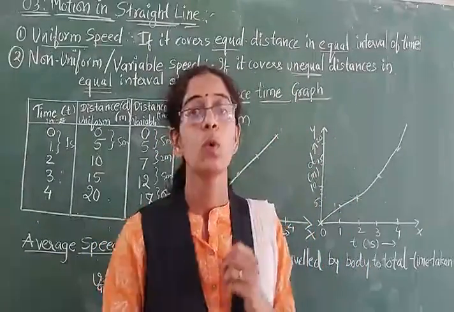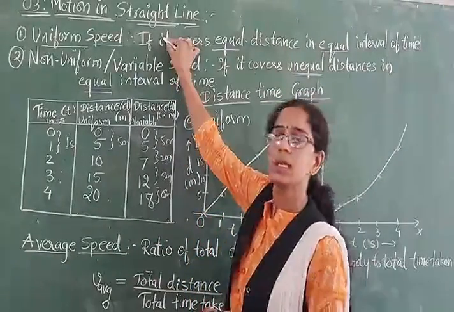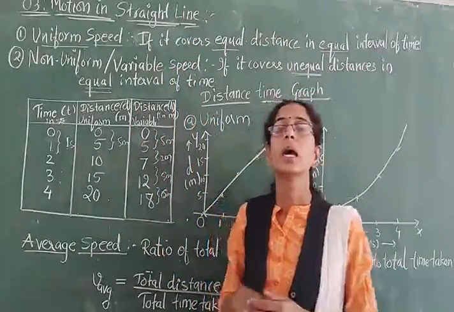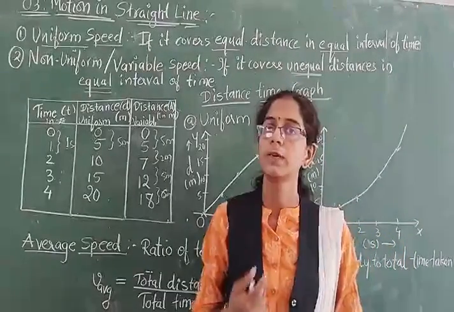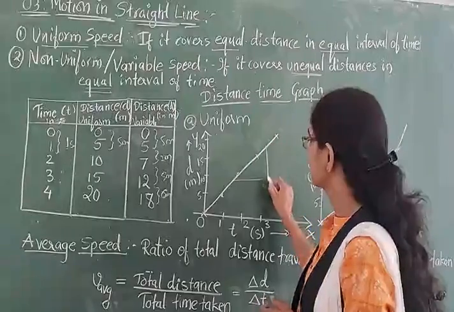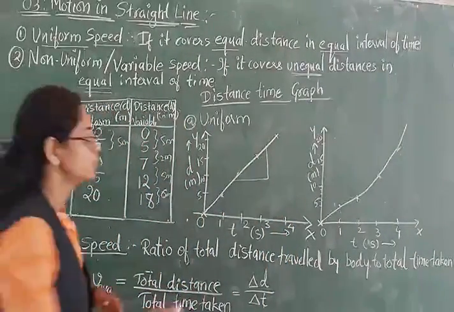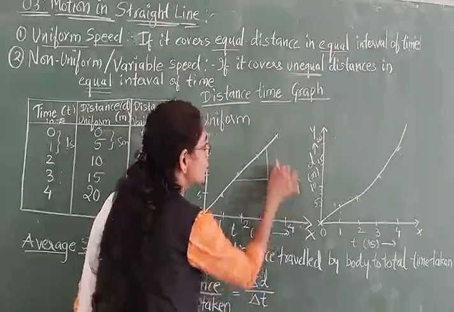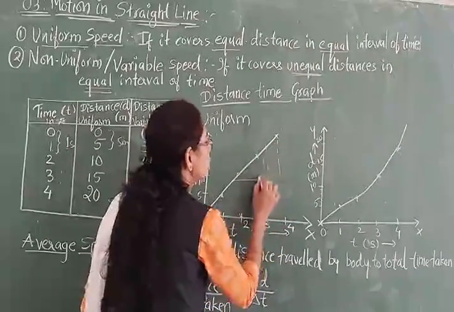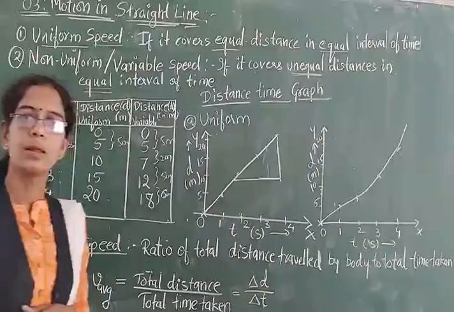Now if we want to calculate the readings from the graph, for uniform speed, it is nothing but a ratio of distance covered divided by time. If you want to measure the distance covered by the object from 2 second to 4, I need to draw a triangle in this manner.